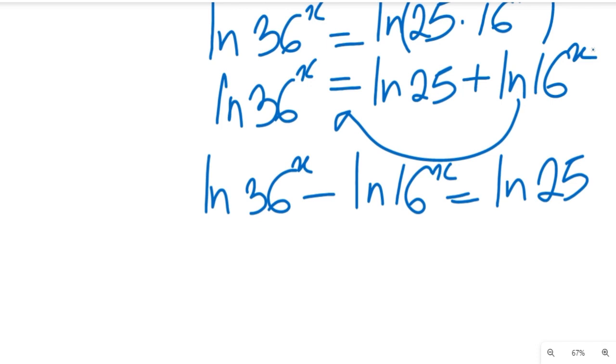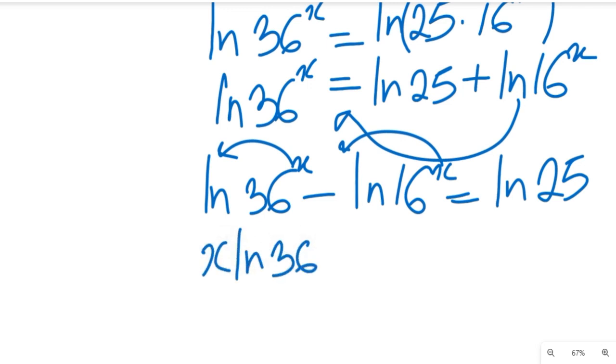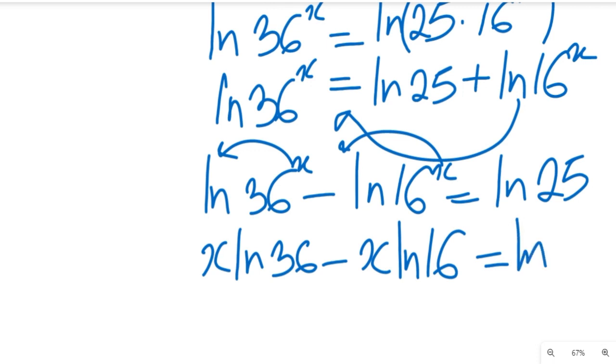According to the law of logarithm, this will come over and this will come over here. So we'll have x times the natural log of 36, subtract x times the natural log of 16, and that will be equal to the natural log of 25.